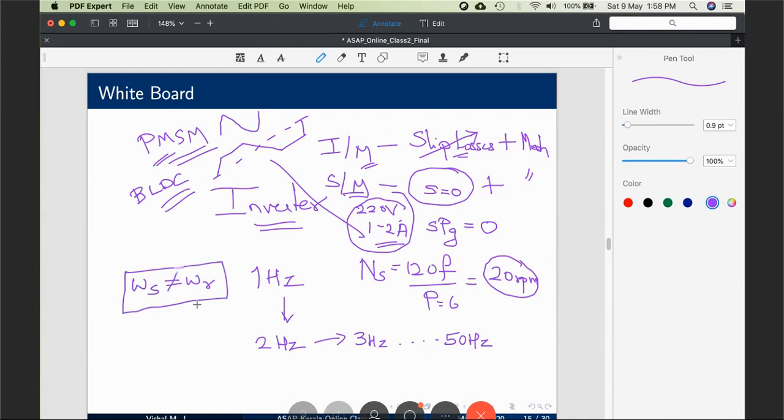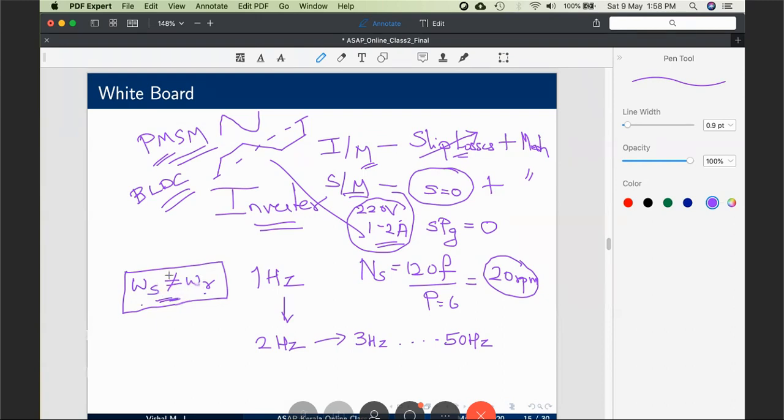During transients, omega is not equal to omega r, then delta will increase, and there is a possibility that delta can go beyond 90 degrees and cause instability issues. So that is the reason this true synchronous mode of operation has certain issues. Now, how can we make omega equal to omega r even during transients?